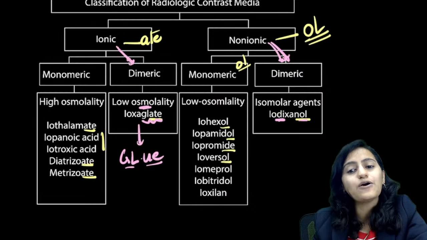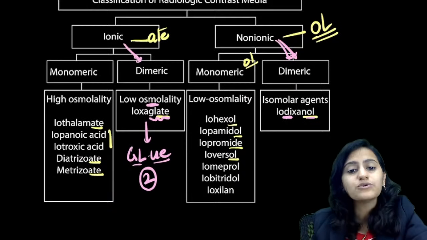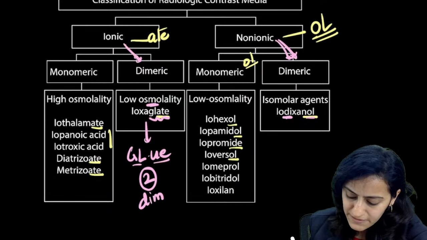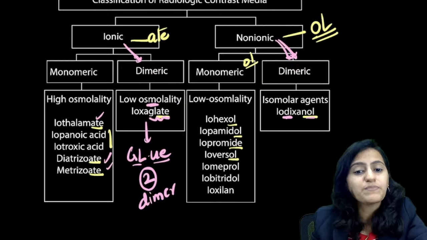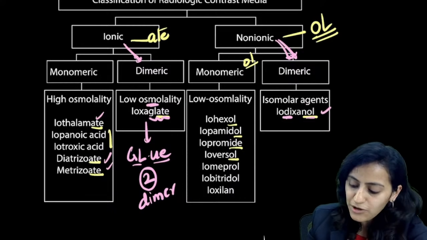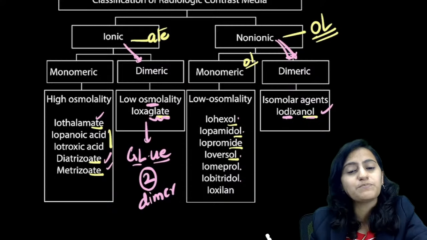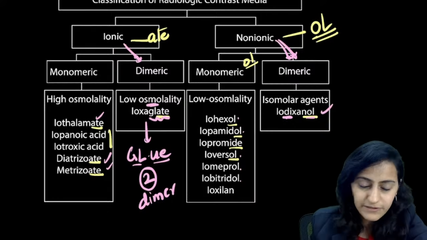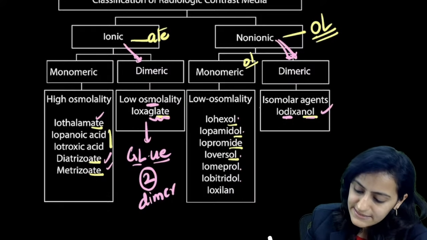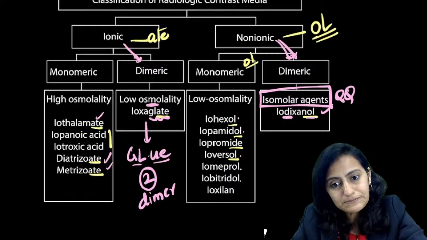Remember that glue is like 2, 2 meaning it's a dimer. So the rest of the ATEs would become ionic monomer. Iodixanol is a non-ionic dimer. So the rest of the OLs would become non-ionic monomer. And this is the iso-osmolar contrast, that is iodixanol.